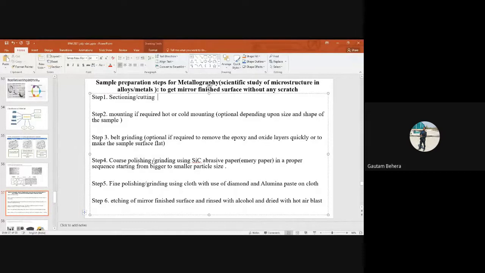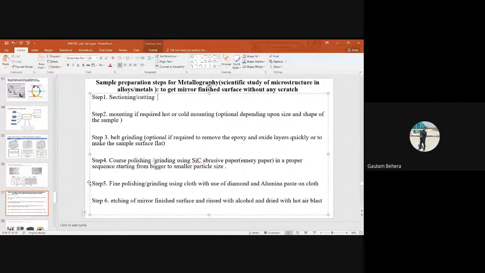We have lots of silicon carbide papers, and each silicon carbide paper has a different size of silicon carbide particles, right? Bigger size particles to smaller size particles. So we'll start coarse polishing from the bigger size particles to the smaller size particles in a sequence, right? So that we are able to reach towards the mirror finish surface.